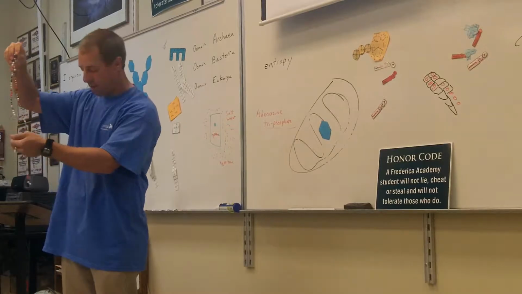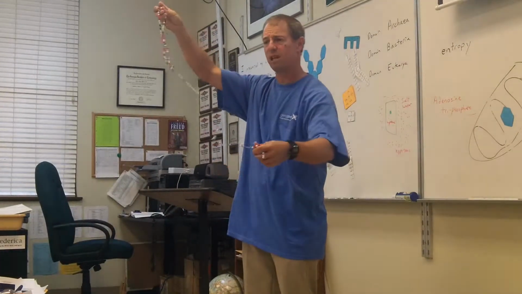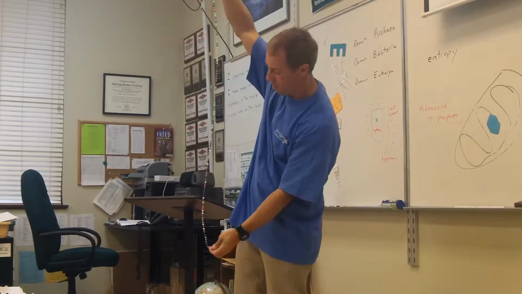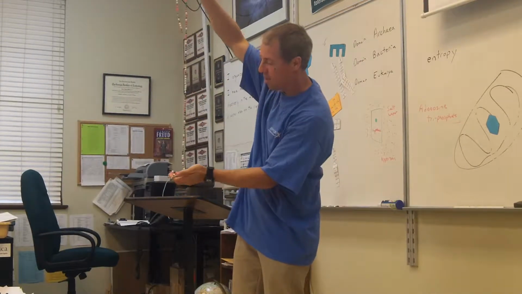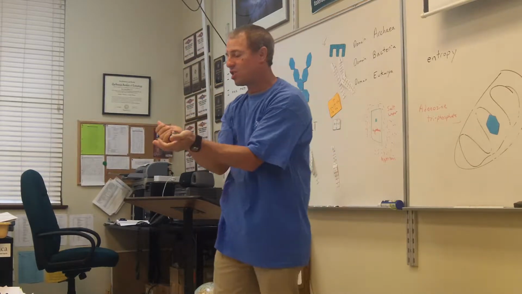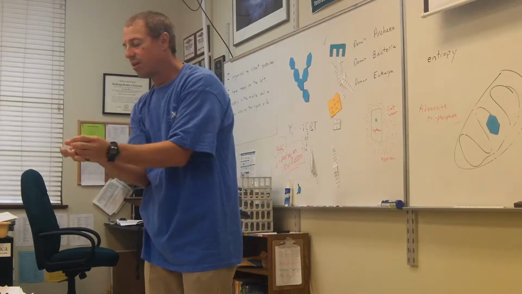So here's an enzyme. An enzyme is a protein. Remember the protein that I had? A bunch of amino acids together that fold up into a certain shape. And that shape is just the right shape.